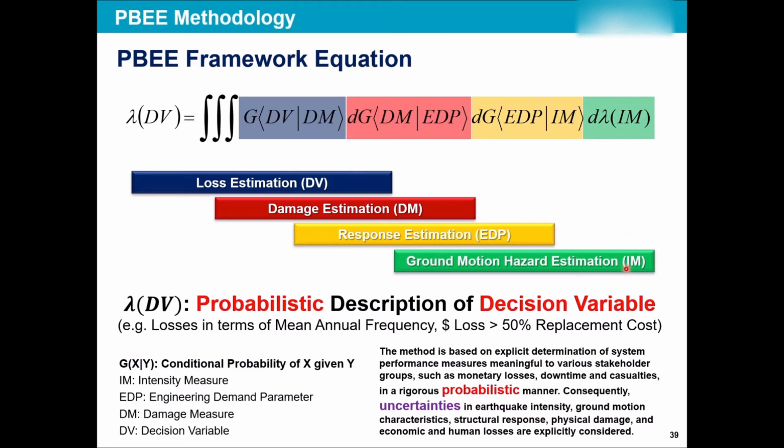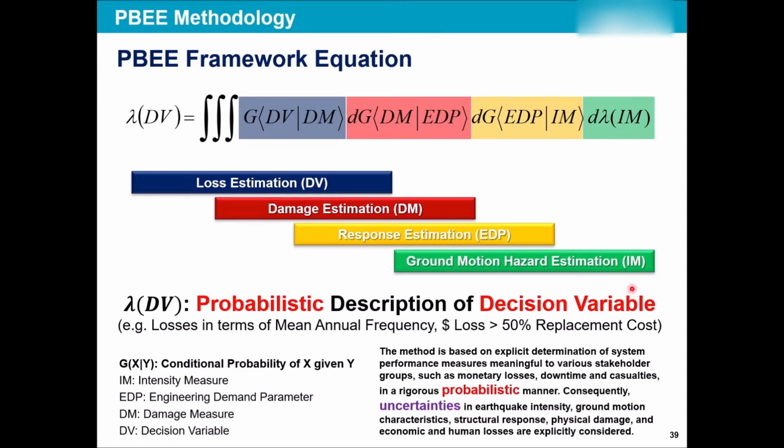Starting from the actual earthquake, looking at the actual response, understanding the consequences of that response, you can make the decisions. All of these formulations, IM, EDP given the IM, DM given the EDP, and DV given the DM, can come together in this formulation. This formulation, which I want you to memorize, is the probabilistic description of a decision variable.